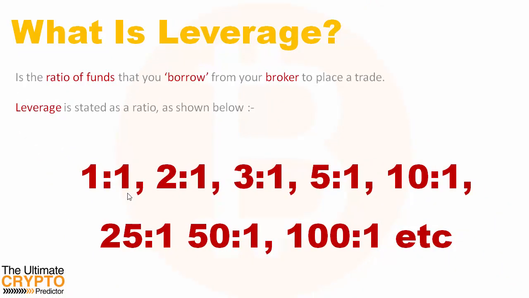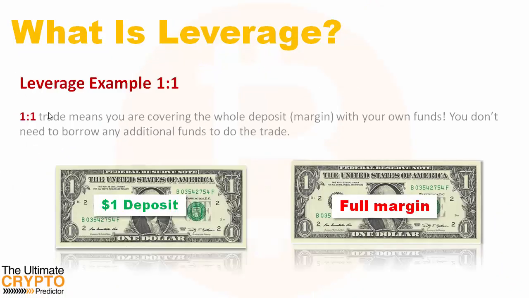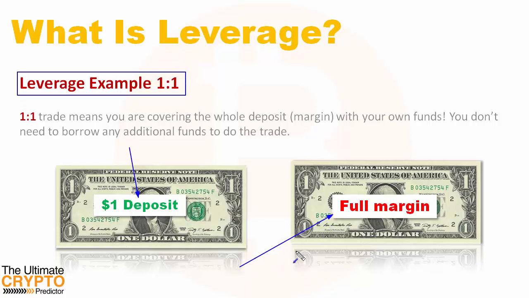So let's have a look at an example. An example of 1-to-1 leverage would be very simple. We have a deposit of $1 against the full margin of $1, so it equals the same amount. Anything that you buy, that you hand over, and you don't borrow is a 1-to-1 transaction.